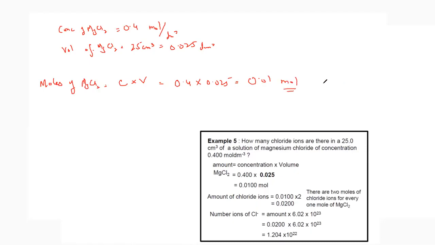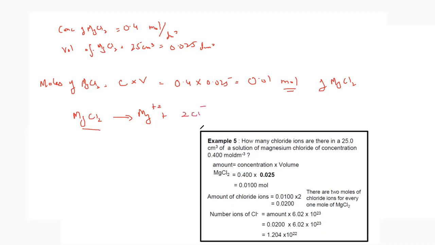So these are the moles of magnesium chloride, but they're not asking for magnesium chloride moles, they're asking for the total number of chloride ions. So we should know how many chloride ions are there. When magnesium chloride dissociates, it dissociates into a magnesium ion and 2 chloride ions.